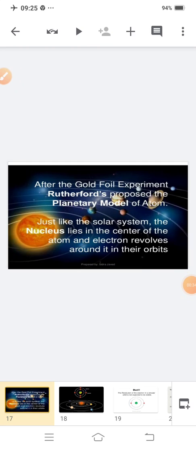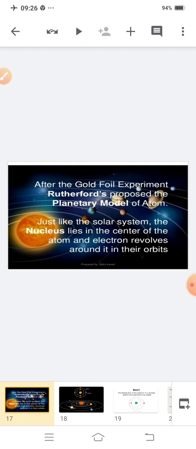Before that, just go through the postulates of the Rutherford model of the atom. On the basis of the alpha particle scattering experiment, Rutherford gave the nuclear model of the atom.